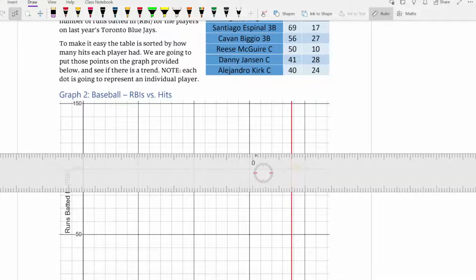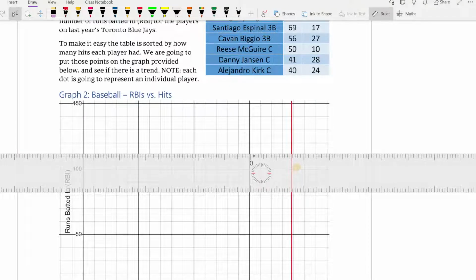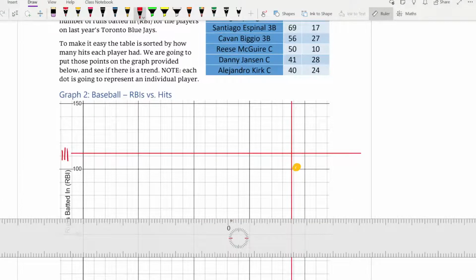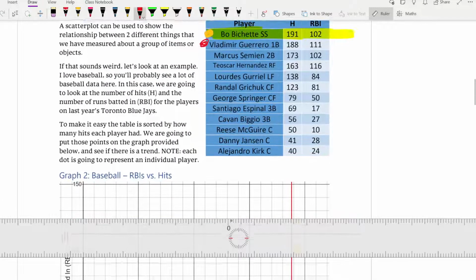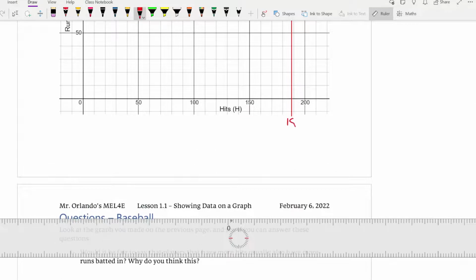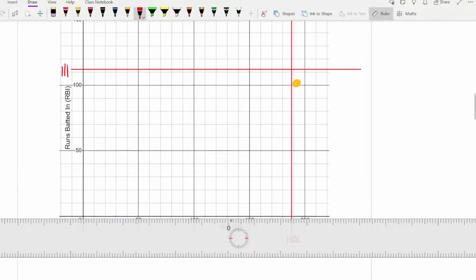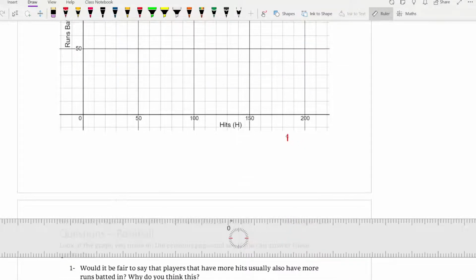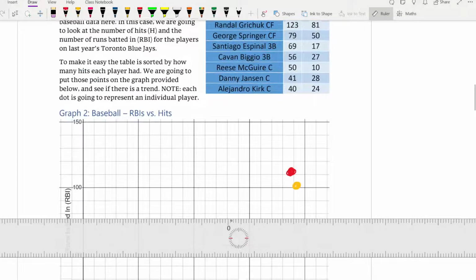And 111 would probably fit right about there. So that's 111. And what was his hits? 188. And where those two lines meet, that's where I draw my point. I don't actually want to keep all the lines because that would get really messy.